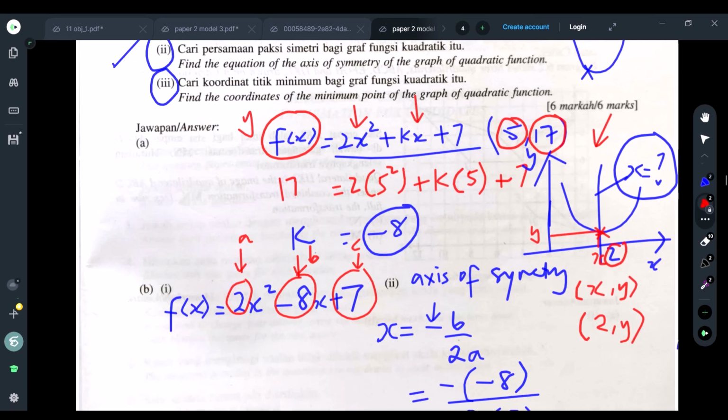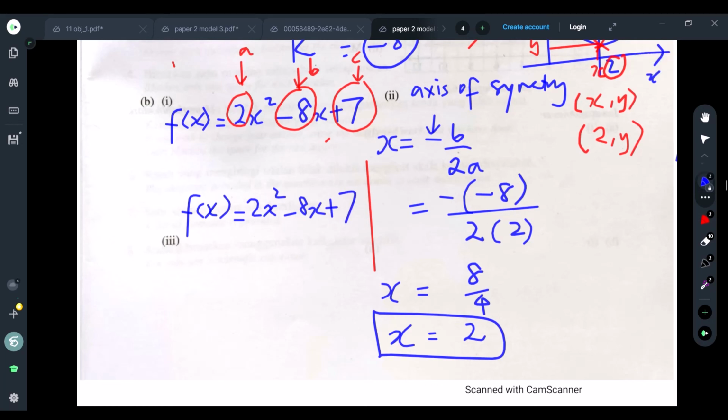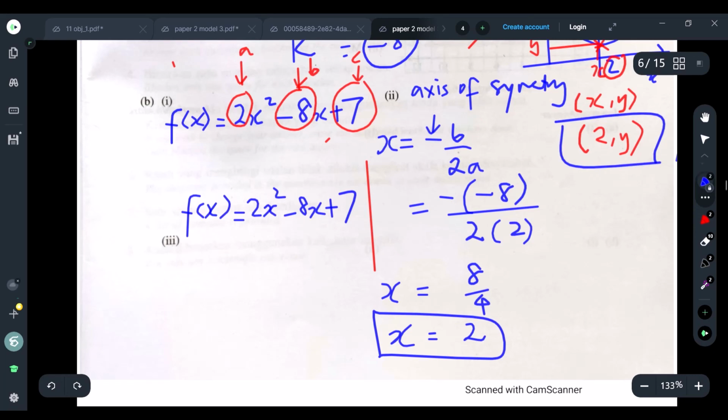To find your minimum point, you have your function, f(x) equal to 2x squared minus 8x plus 7. You just substitute your x here, and you'll get your y. So y will be 2 times 2 squared minus 8 times 2 plus 7.